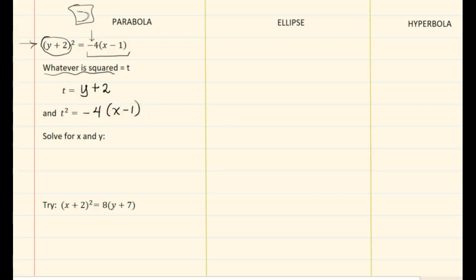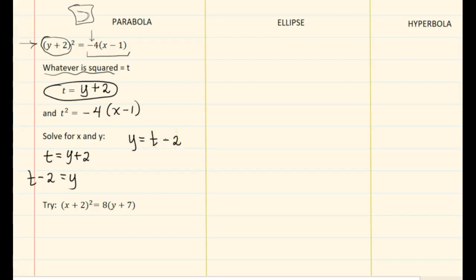So the next thing we're going to do is solve for x and y. So for the first equation, if I'm solving for y, t is equal to y plus 2, so I can see that y is equal to t minus 2. So one equation is going to be y is equal to t minus 2.